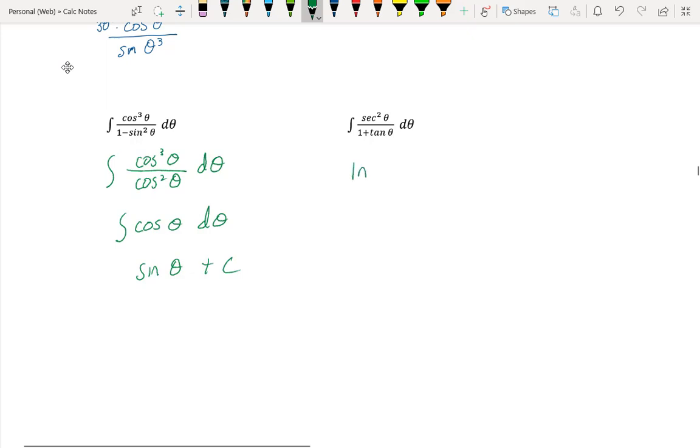This is going to be the natural log of the absolute value of 1 plus tangent theta plus c. Now, if you're not seeing that, just take the derivative. It would be 1 over 1 plus tangent theta, times the derivative of the inside material, which would be 0 plus secant squared theta, and there you go.